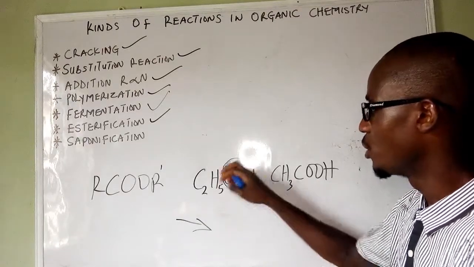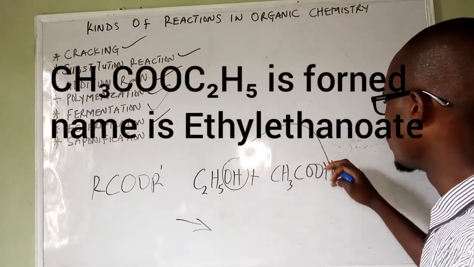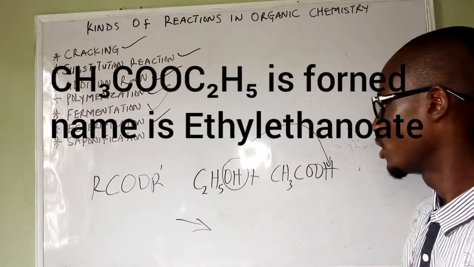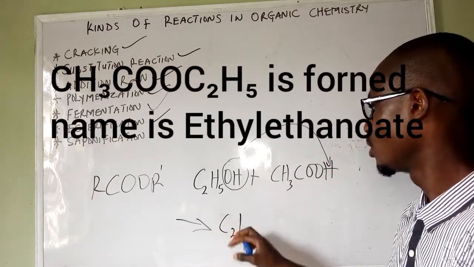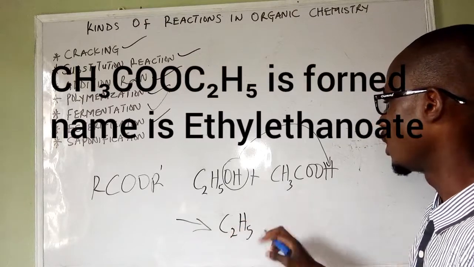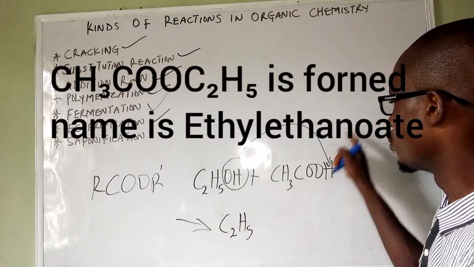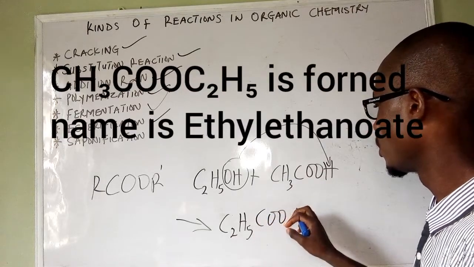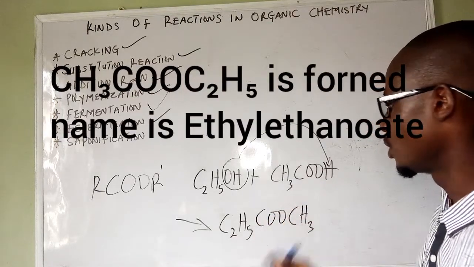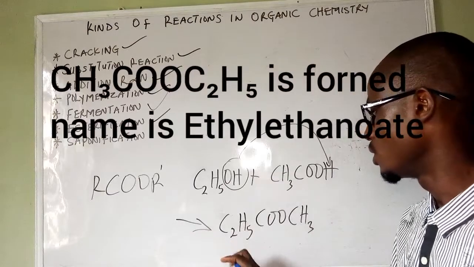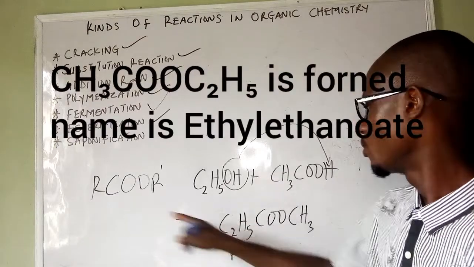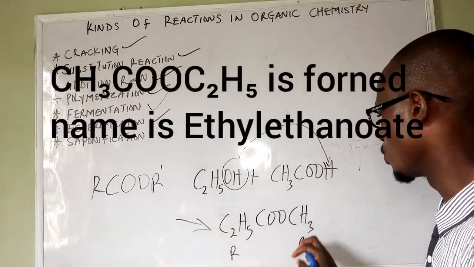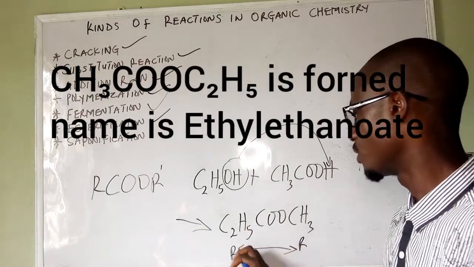The OH will be removed, combined with this H to form water, and I'm going to have C2H5. Then this being removed, you're going to have COO, CH3. So R indicates this, then COO, then this is another R. So the R are different.